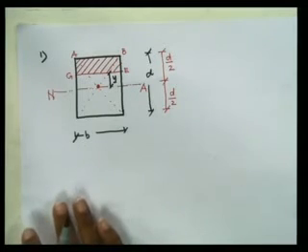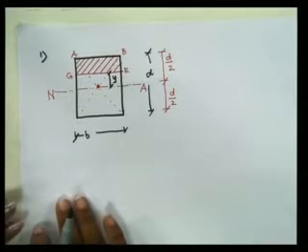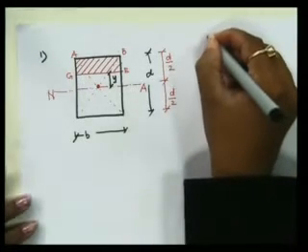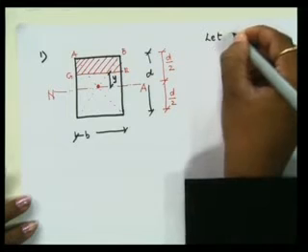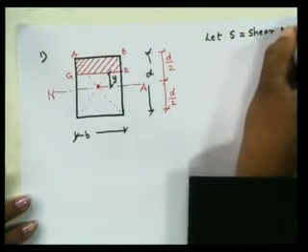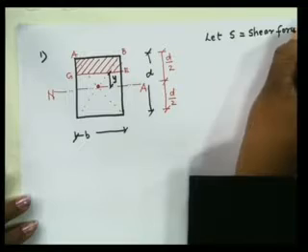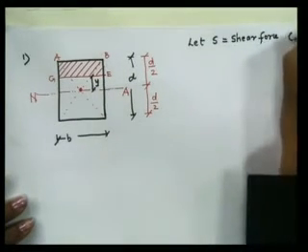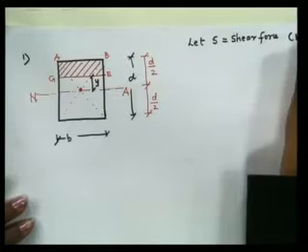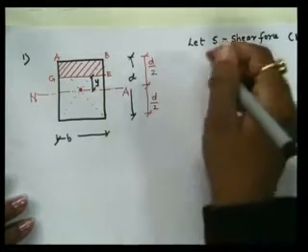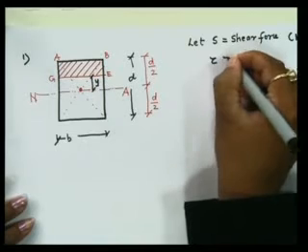Now the intensity of the shear stress at this particular section is tau. Let S be the shear force. As it is a force, its unit will be kilonewtons or newtons, and the shear stress will be tau.